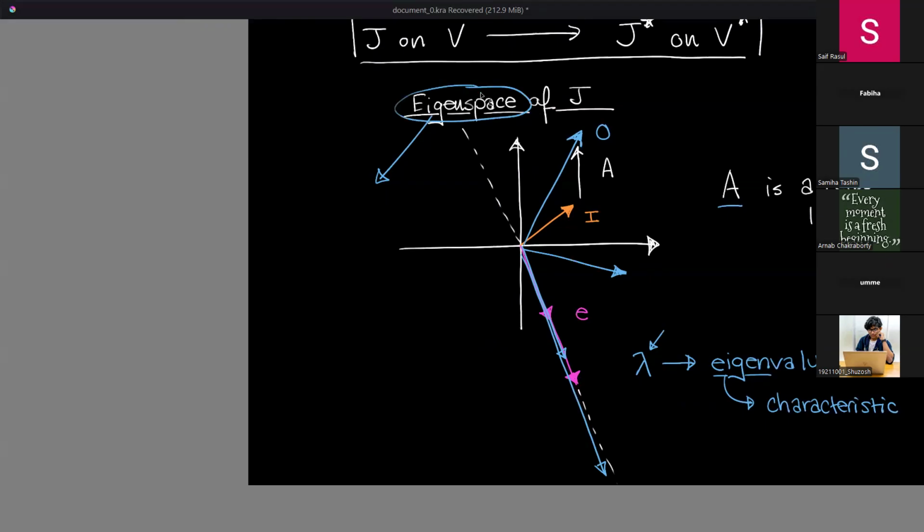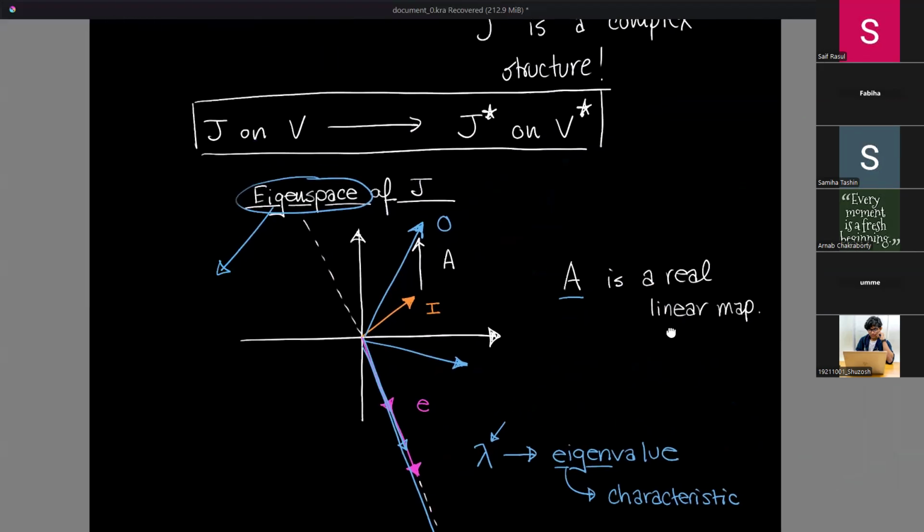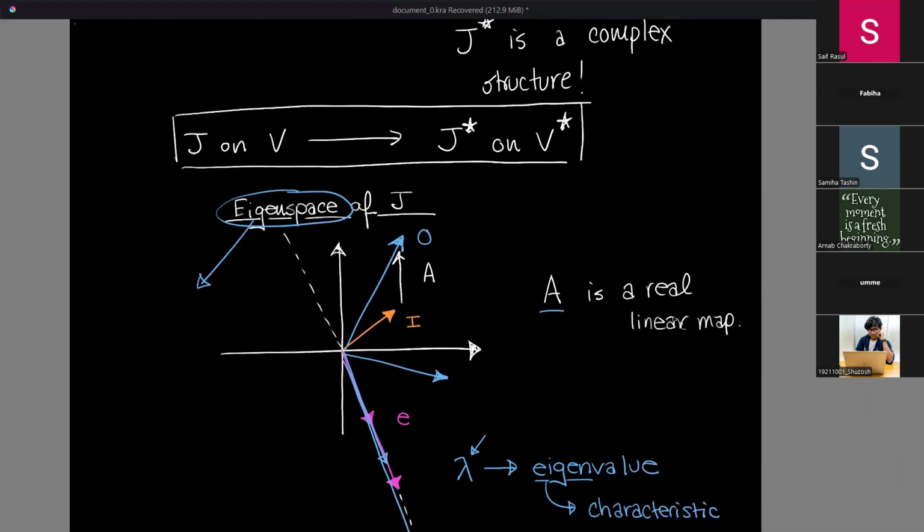So what we're going to do now is look at the eigenspace of J, and as it is a characteristic value, we're going to see if we can characterize J using these eigenvectors. But before we do that, we need to figure out what J's eigenvectors or eigenvalues are, and from there we talk about its eigenspace.